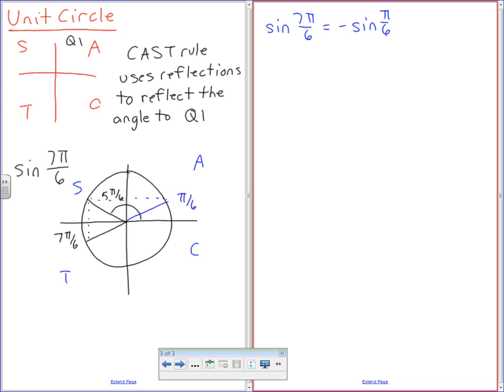Because again, if this is positive, this would be negative. What is sine of pi by 6? 1/2, is that right? Negative 1/2.